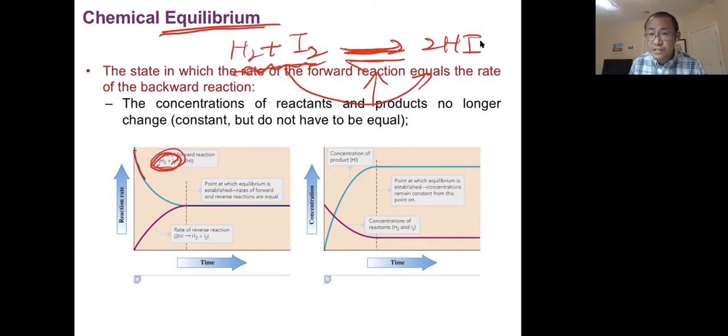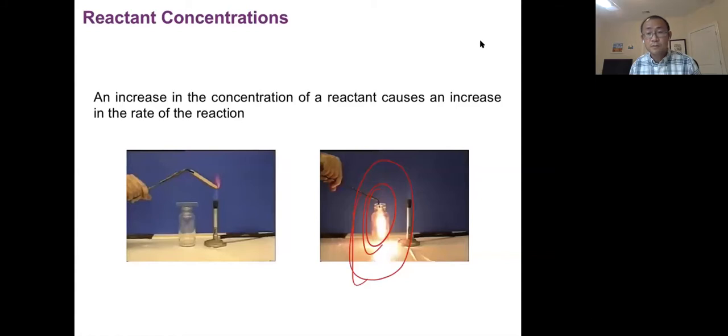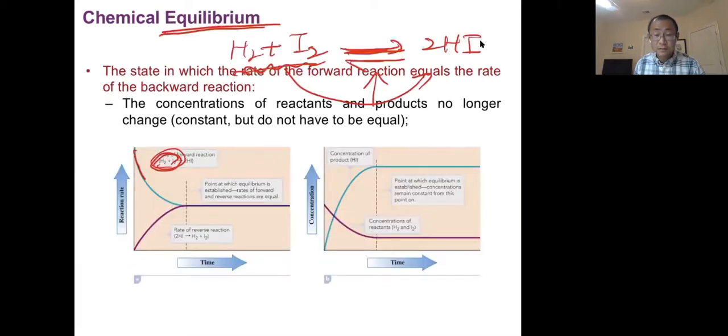Now, if the concentration decreases, guys, take a look at the one we talked about earlier. The reaction rate is related to concentration. If the concentration decreases, what happens? The forward reaction rate decreases. This is what happened here again. The decrease means the forward reaction rate decreases. Meanwhile, you get more and more HI because you're producing more and more.